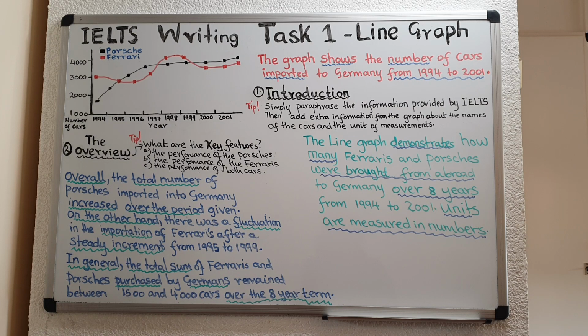So, when you look at the Ferraris, the Ferrari is the red line. You notice that there is a fluctuation.